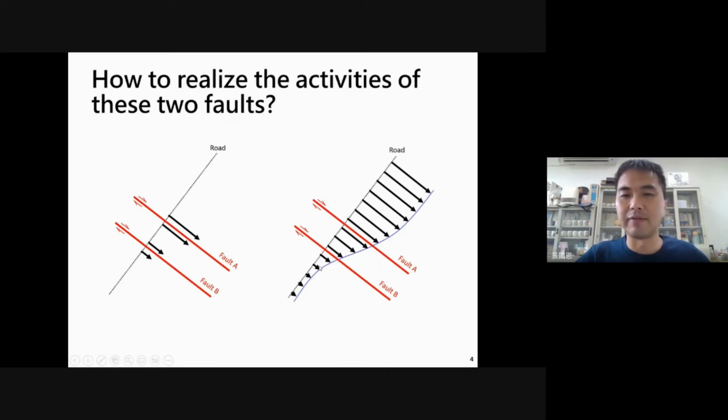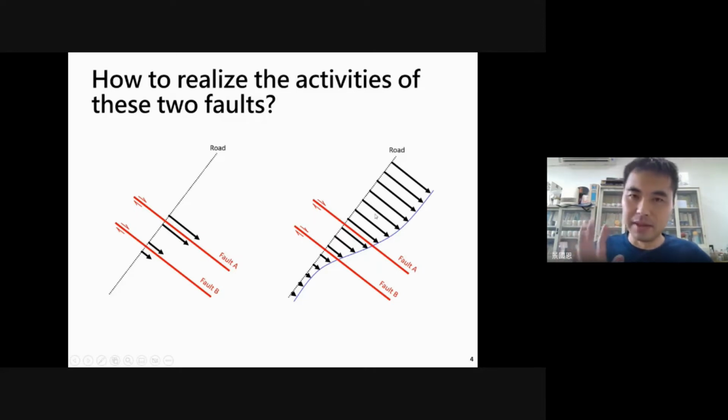So you will get this kind of arctangent pattern across these two faults. Based on this pattern, we not only get the velocity difference across this fault, but also in other places like here. You could still get the velocity difference across this space, and here too.